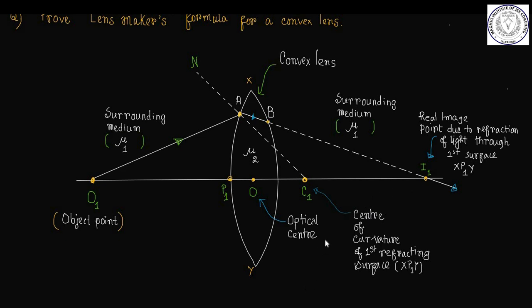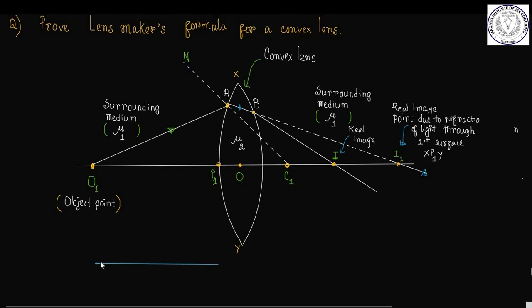And if we consider that the lens has a second refracting surface xp2y, then after refraction through it, the refracted ray will move along this direction and form the final real image I. I is the final real image due to refraction of light through the second refracting surface xp2y.